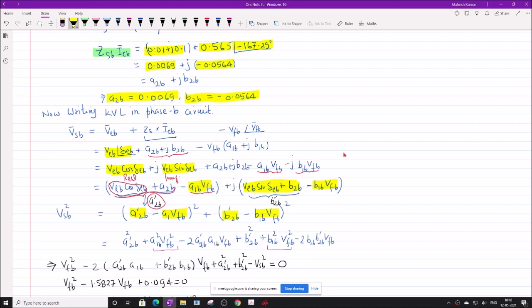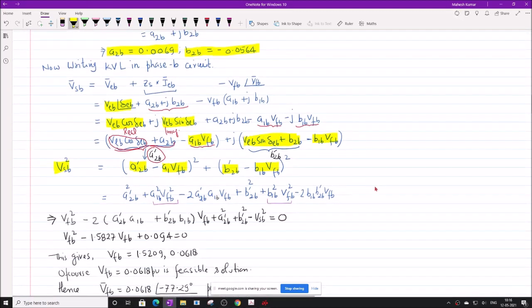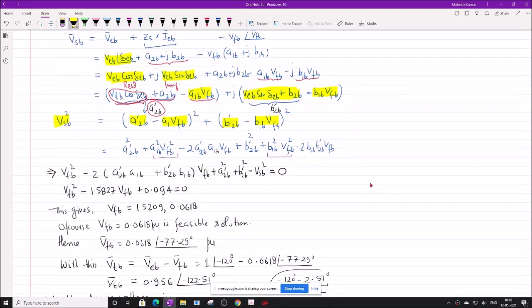The whole square on both sides becomes VSB square, and when we solve this and arrange in the power of VFB, we will get VFB square minus 2 times (A1B A2B dash plus B1B B2B dash) VFB term, plus A2B dash square plus B2B dash square minus VSB square equal to 0.